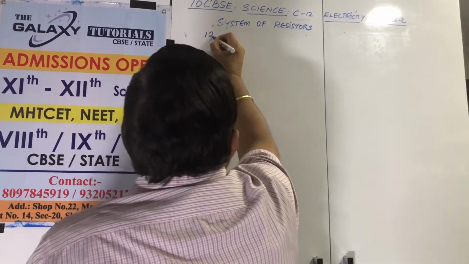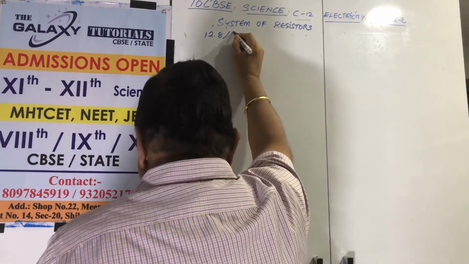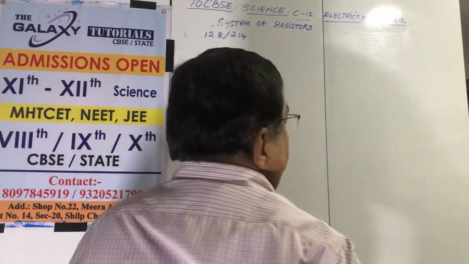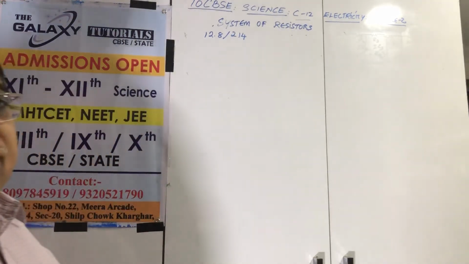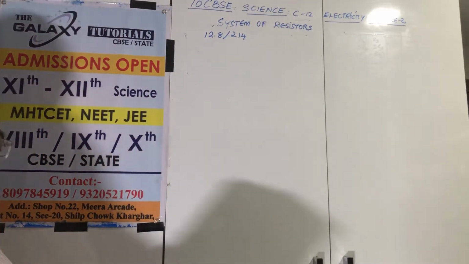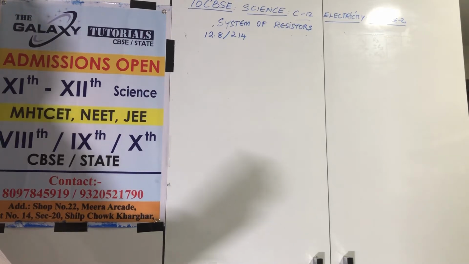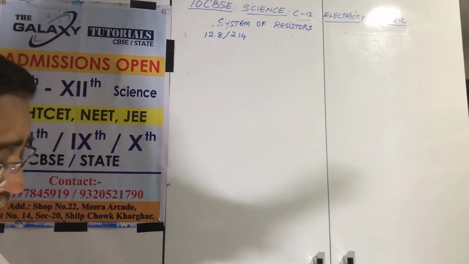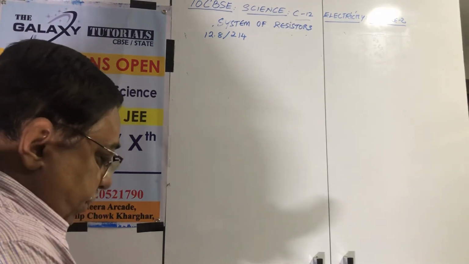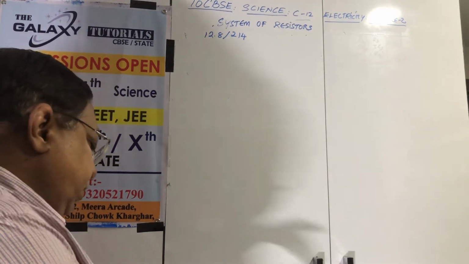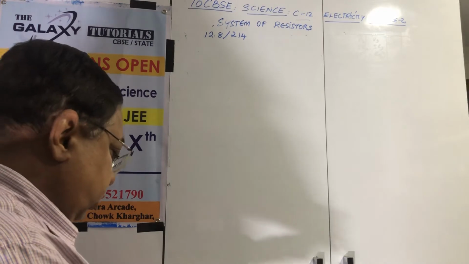Problem number 12.8, page is 214. The book problems are very important. They frequently keep coming in the exam with same numbers. We have more which have already come, and a question bank in our study packs. In the circuit given, we are supposed to use the circuit.